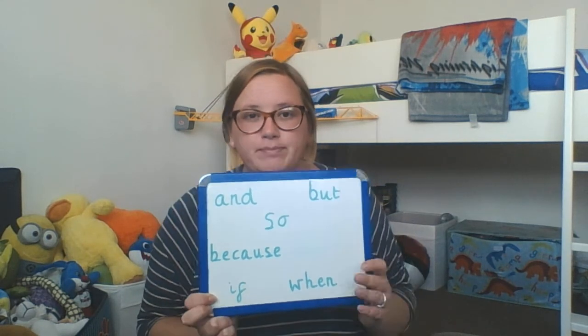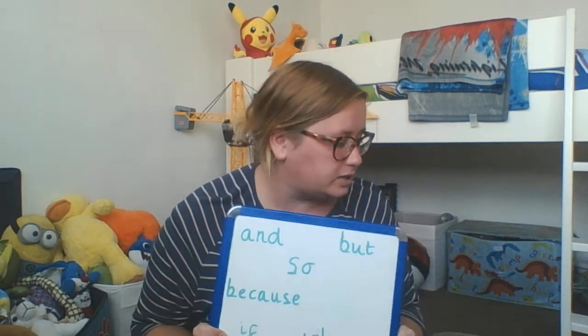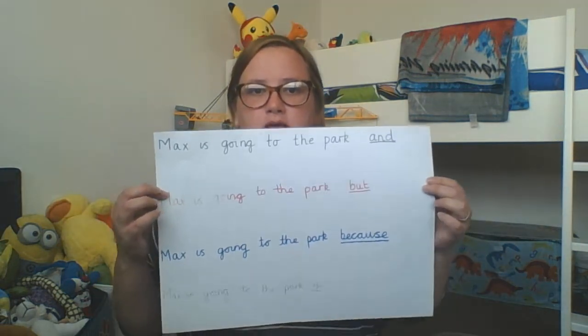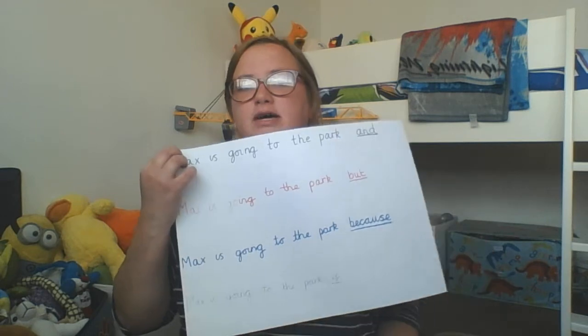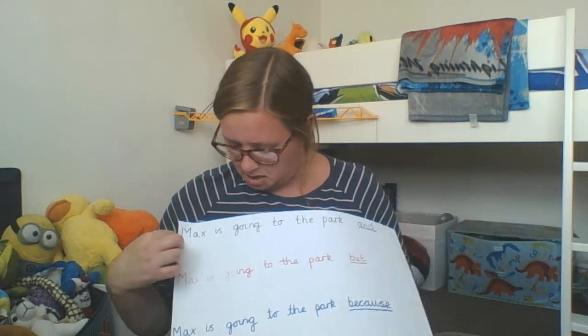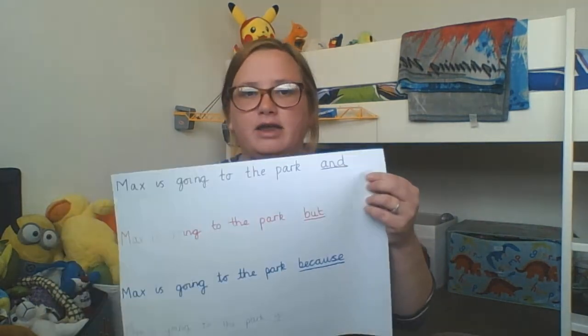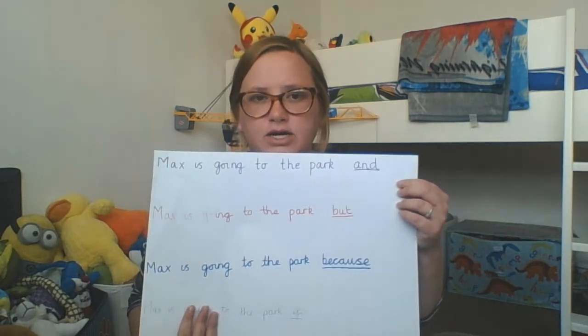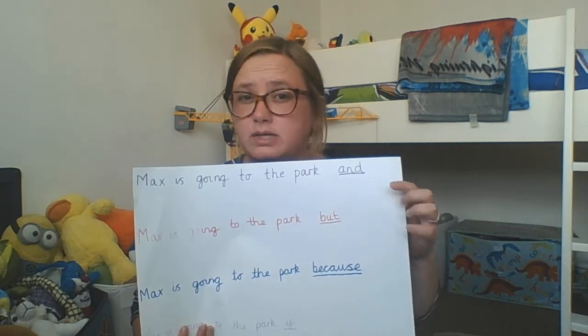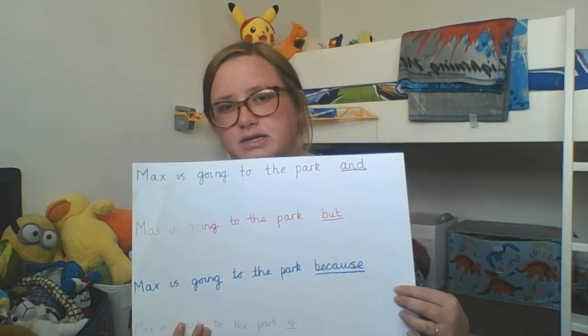Okay, so we are going to start by looking at some sentences that I've half completed, and each of them has the same starting part. So all of them say Max is going to the park, and then I've added the conjunction that I'm going to use to complete the rest of the sentence.